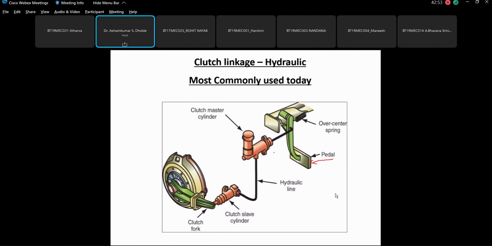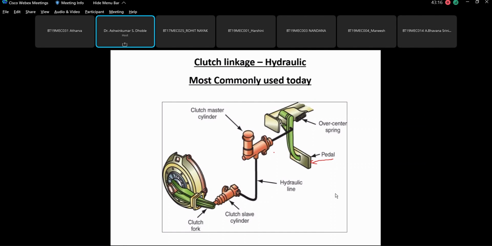Now this mechanism is used in so many vehicles. Even I have seen that people use this kind of mechanism in most of the cars. The problem with these kinds of mechanisms based on the hydraulic system is you have to be very careful about the level and the leakage of the hydraulic fluid.